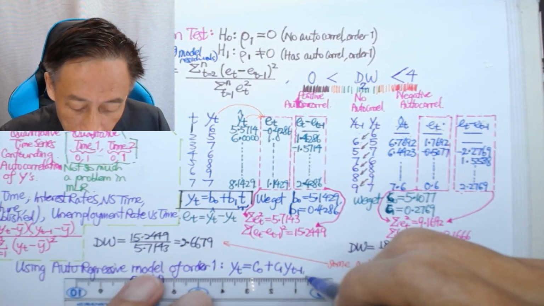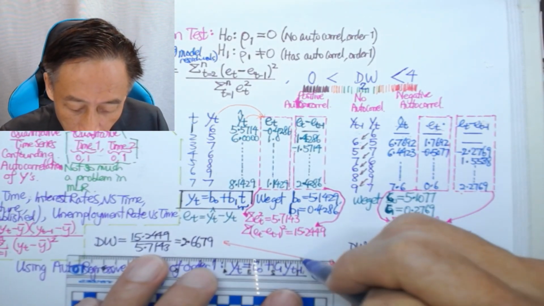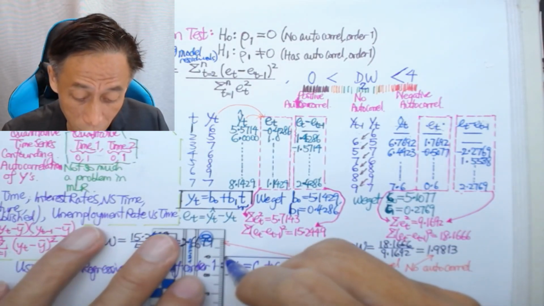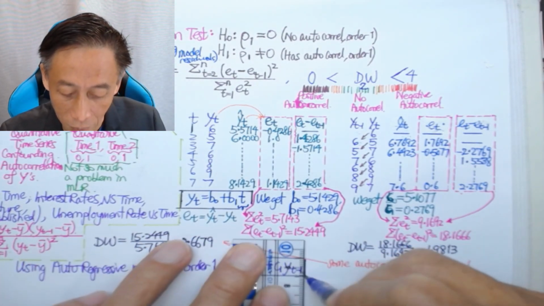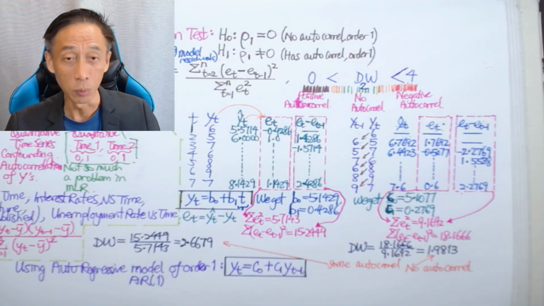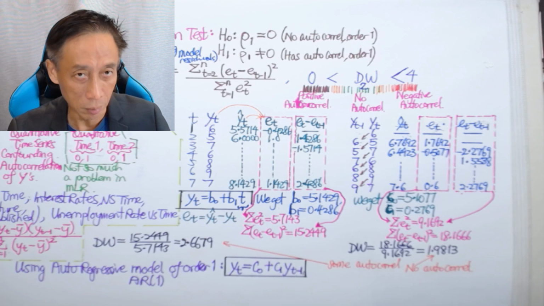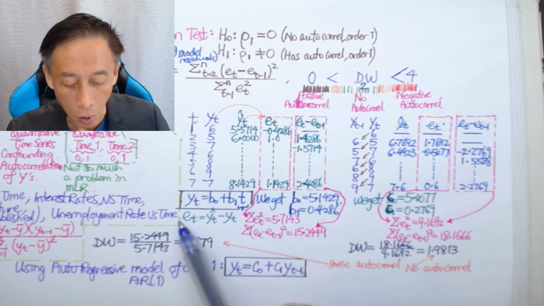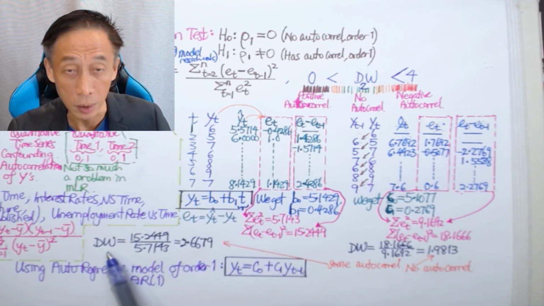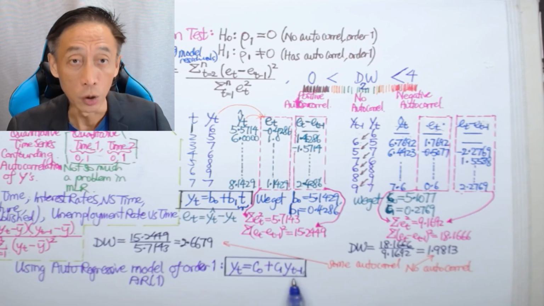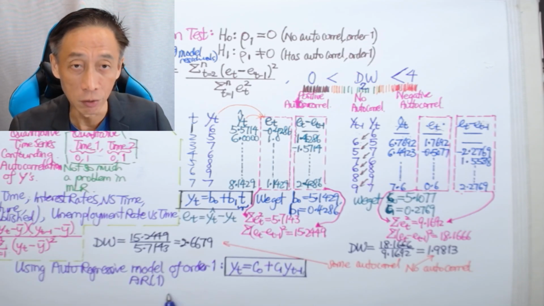Then the Durbin-Watson test statistic will be our lighthouse, blinking, blinking, blinking, telling us of a potential problem. Because of this indication by the Durbin-Watson test, we use an auto-regressive model.